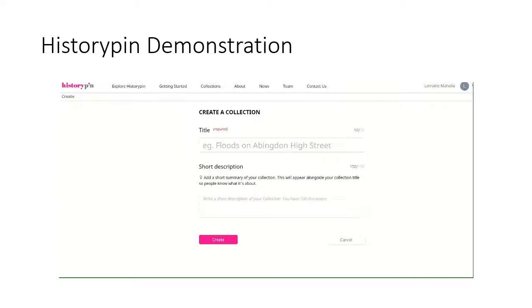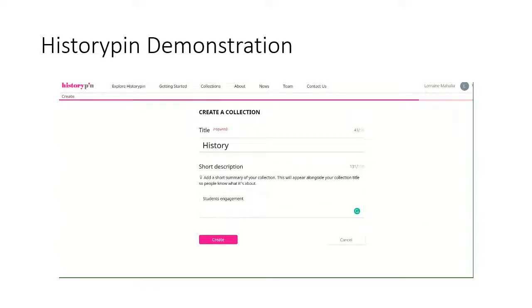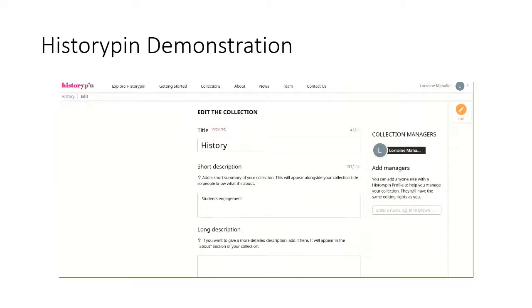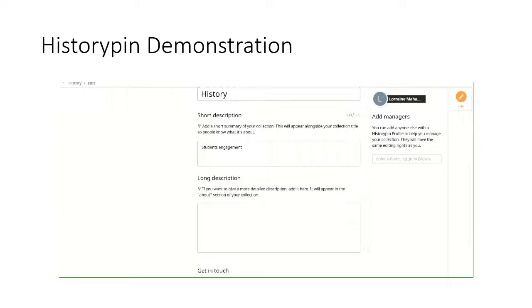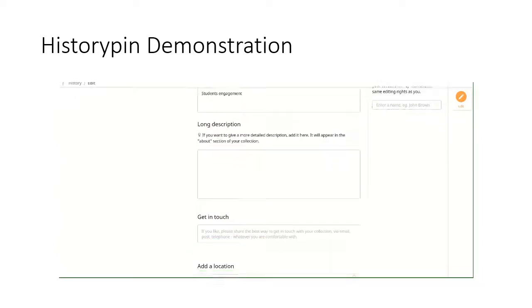So once you create a collection, you can choose the title of your collection, history, give it a short description, students, engagement. You click create, and here is where you get to edit and provide more details about what this topic is.